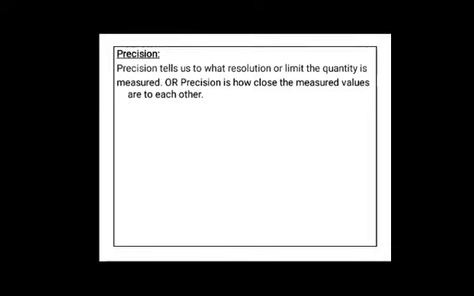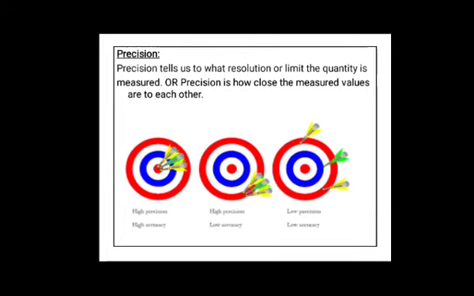So precision can be defined in another way. It is how close the measured values are to each other. Not to the actual value, to each other. Okay, say you have measured a number of times, all those measurements, how close they are to each other, that we have to see.